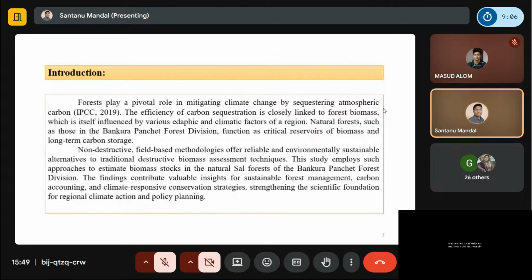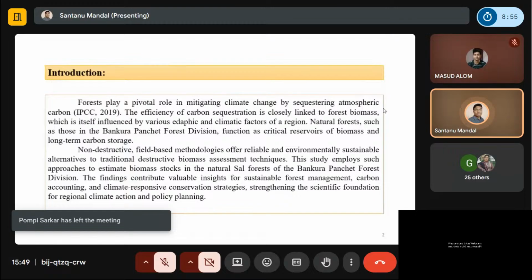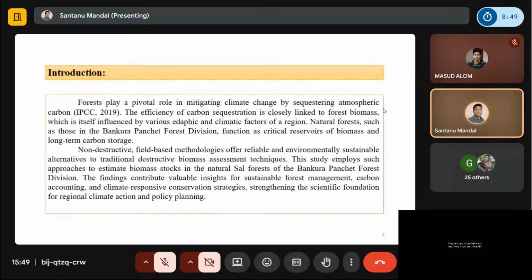The amount of carbon they can store depends on their biomass, which varies with soil and climatic condition. In the Bankura district Panchayat division, natural sal forest acts as a major carbon sink and is extremely important for long-term ecological stability. In this study, we used a non-destructive field-based method for biomass estimation.